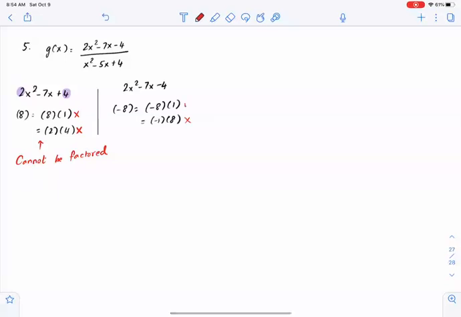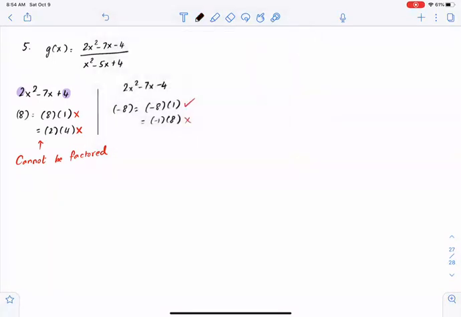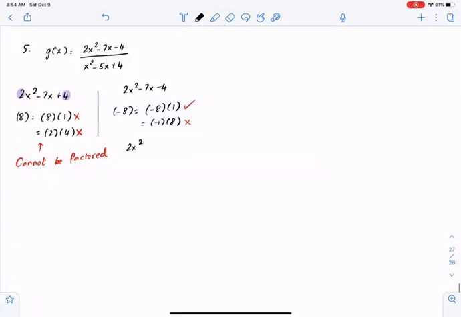But negative 8 times 1, when I add negative 8 and 1, I am going to get negative 7. So I could write 2x squared minus 7x minus 4 as 2x squared minus 8x plus x minus 4.